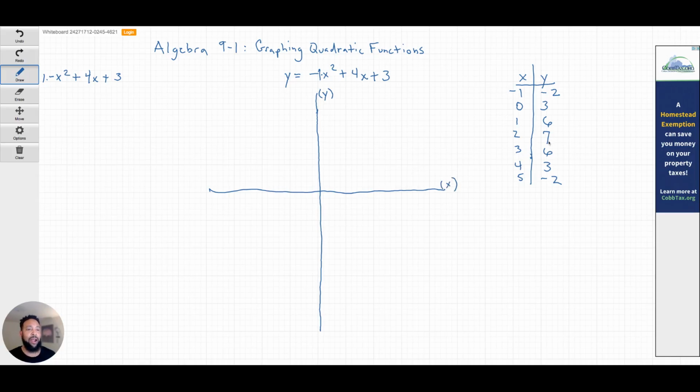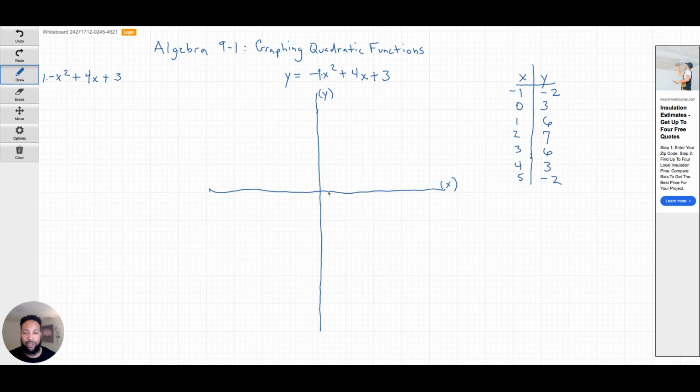So it looks like our highest number is 7 on the y side and then 5 on the x side. So 4, so we can go 1, 2, 3, 4, 5. We'll have negative 1, negative 2, negative 3, negative 5.